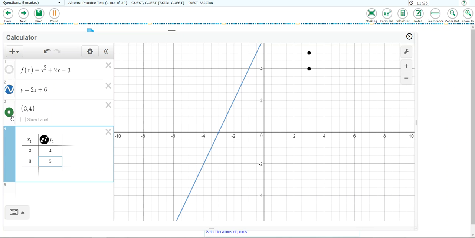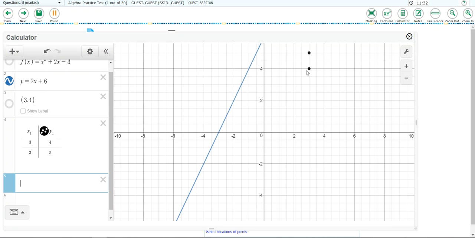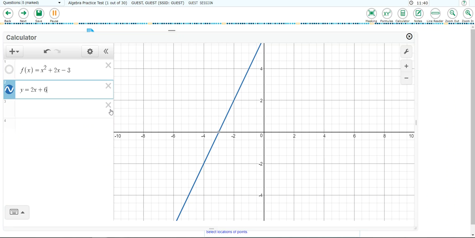And I can turn this 3, 4 off, and you'll notice I have 3, 4 from here and 3, 5 graphed. I can keep adding to that table if I wanted. The X button deletes it out of there.